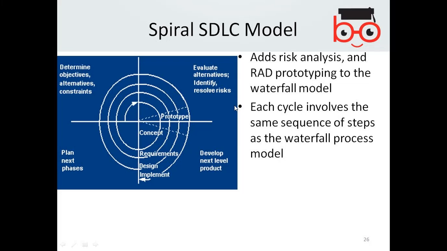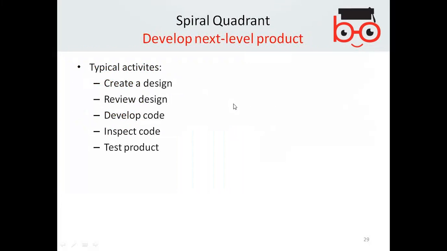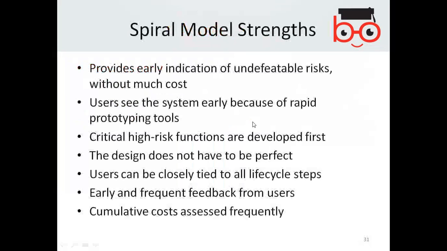You need to go through this cycle, and let us see the strengths. It provides early indication of unavoidable risk without much cost. So if you do the spiral, you can identify those kinds of risks which cannot be reduced. You need to be very serious about it.